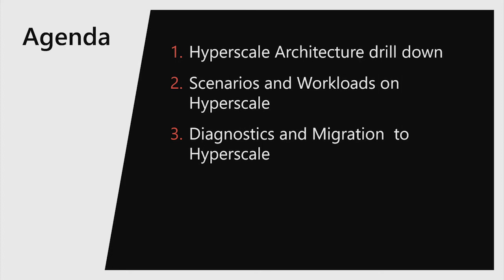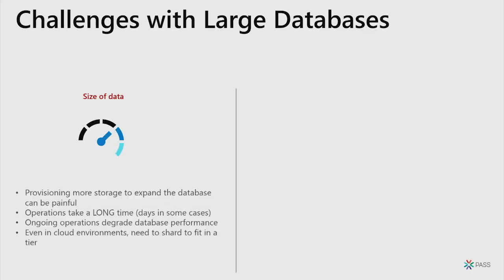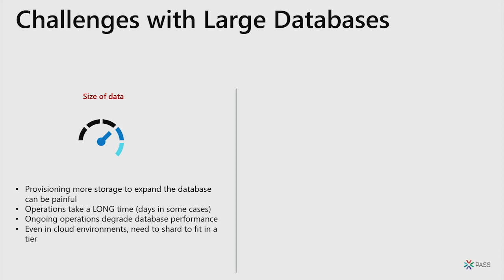So we'll talk about diagnostics with regards to what's specific to Hyperscale. What have we enabled you to see from this distributed architecture as you troubleshoot performance problems? Right? So some of the large challenges with database exist. Provisioning storage to expand the database is a problem.